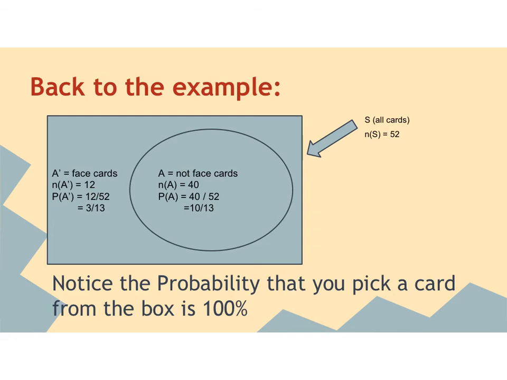This is what it looks like in the example. We just made the circle a little bit bigger for you. There are 40 not face cards or number cards, 12 face cards, and then 52 total in the rectangle. You'll notice that A and A complement add up to everything.